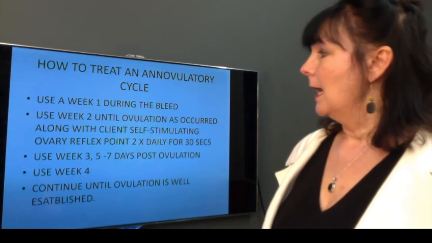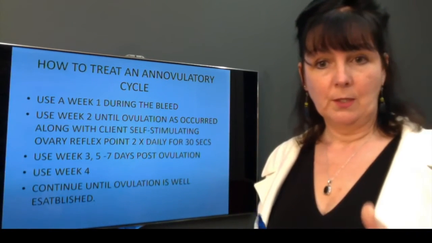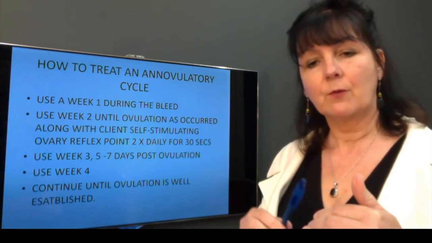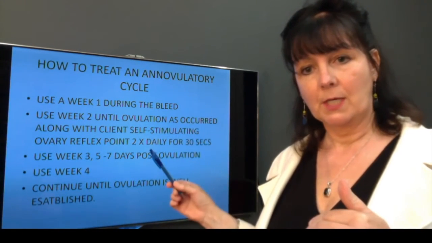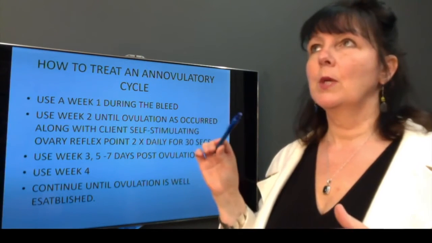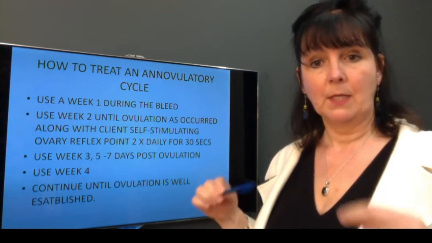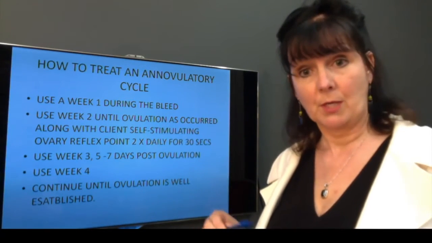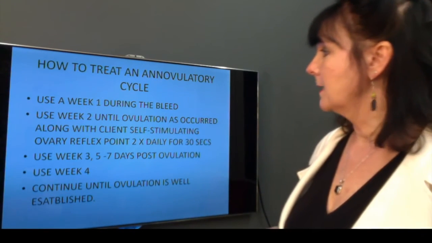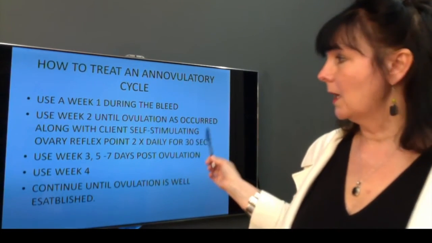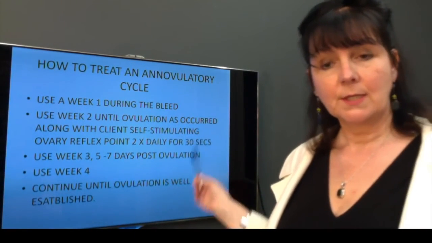And then week 2 we use, again, it mimics what should be happening with the body. We use it from the end of bleed until ovulation has taken place. So we are using lots of stimulation techniques to mimic what is happening in both the endocrine and the reproductive systems. And what we can also do with this is we can ask our clients to self-stimulate their ovary reflex points.